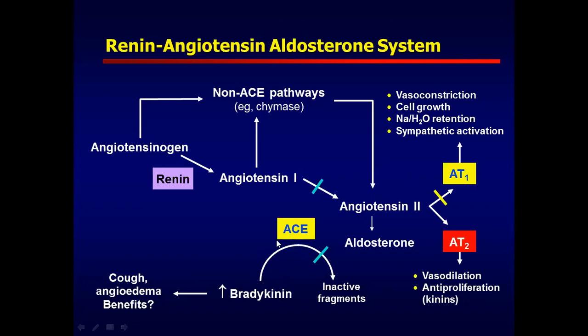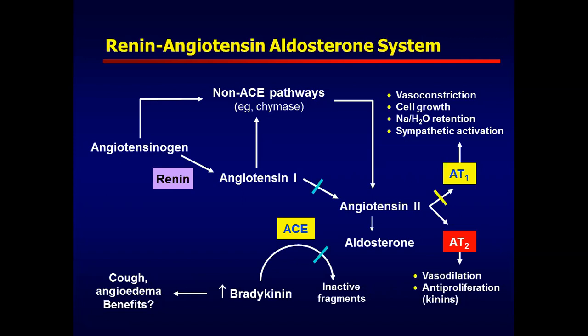If you give ACE inhibitors and you block this enzyme, the bradykinin will not be broken down into inactive fragments, so bradykinin will be increased in the blood. And bradykinin is a vasodilator prostaglandin, which looks to be beneficial in reducing the blood pressure as well.